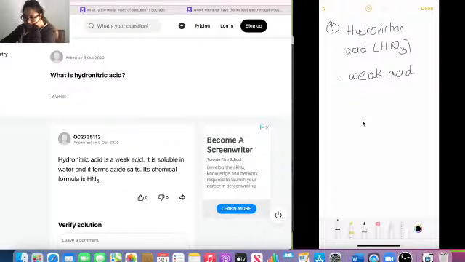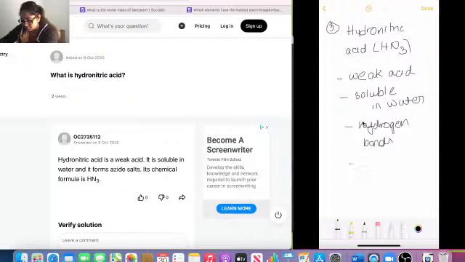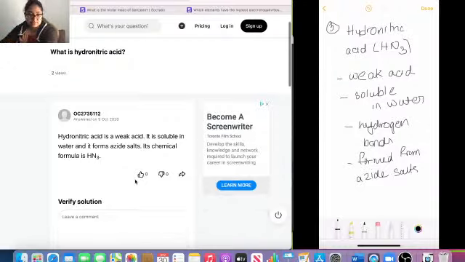Because it has hydrogen, it is very soluble in water, and you can also say it has hydrogen bonding, which are the bonds involved. And yes, it is formed from azide salts. Okay, and yes, so this is correct.